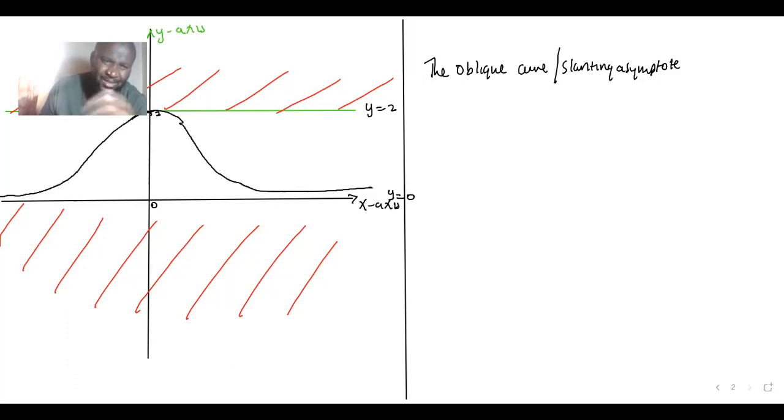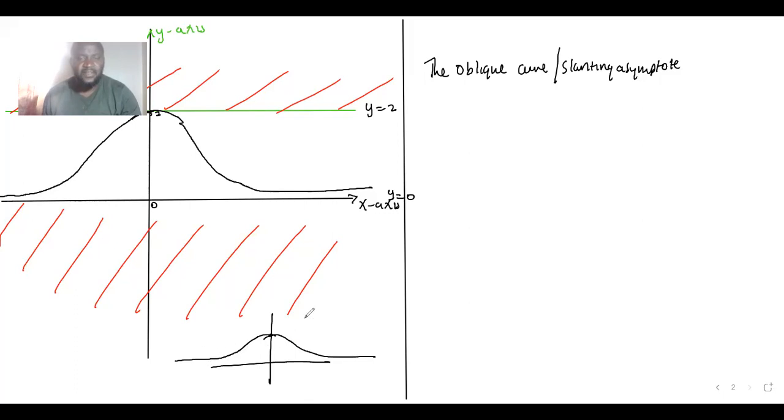Whether you dot them, that is okay. It's the same as saying, teacher, is it a must you should shade? No. But shading clearly shows you where the curve passes. But of course, some people will say, me, I don't want to shade, because I know where the curve is passing. It is passing here. So it has turned and gone down, asymptotic, gone down, asymptotic. This is a very correct curve.